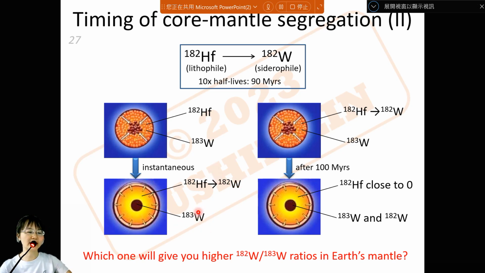Therefore, most of the tungsten-183 will be away from the mantle. When you measure the tungsten-182 to 183 ratio, the sample at the mantle here will give you a higher ratio. While in this case, tungsten-183 and 182 always go together. Their ratio will be lower.